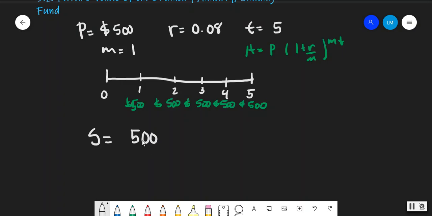Nothing gets earned. But for the second year, it's going to be 1.08 multiplied by your 500, raised to the 1.